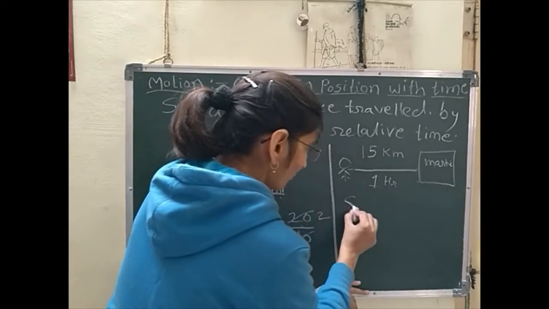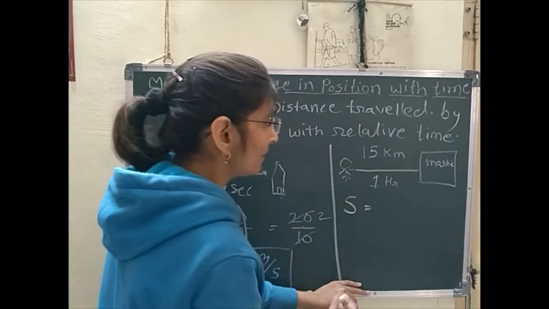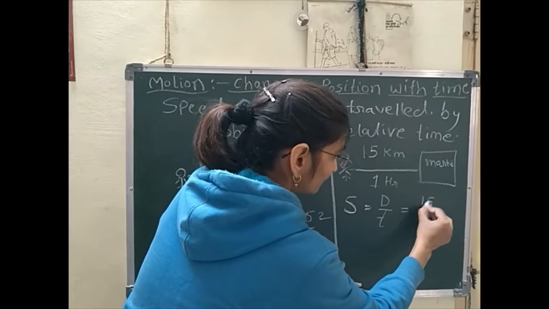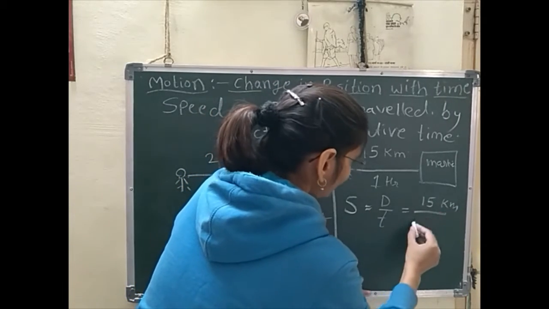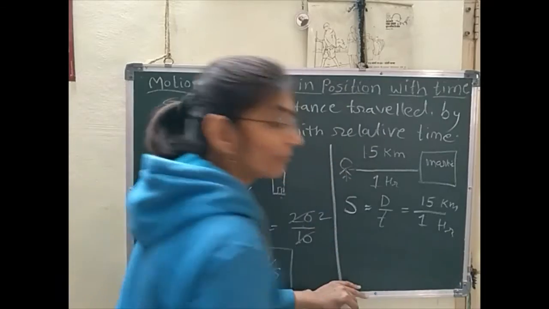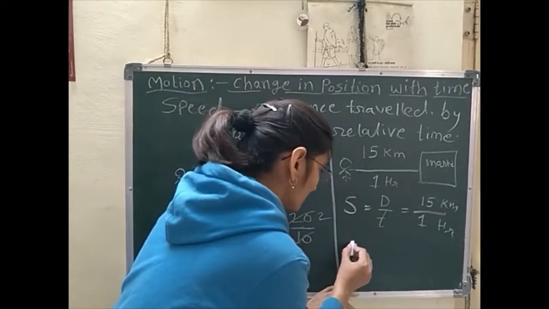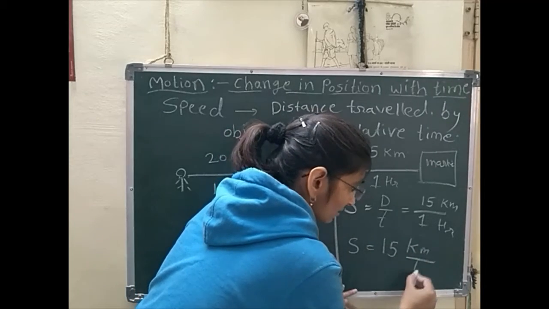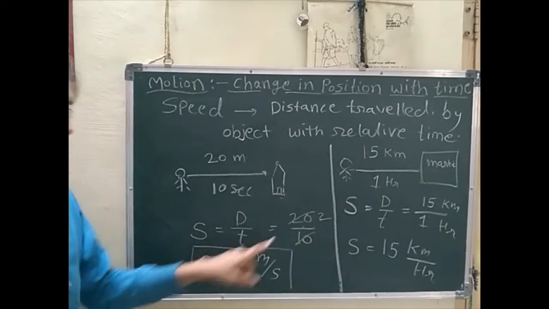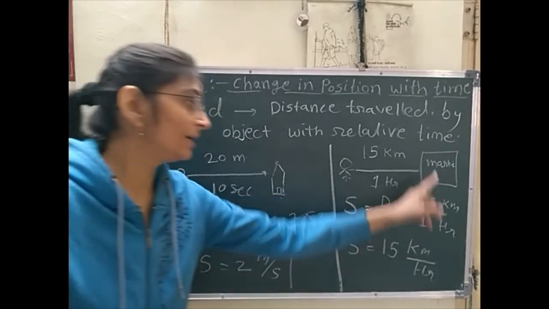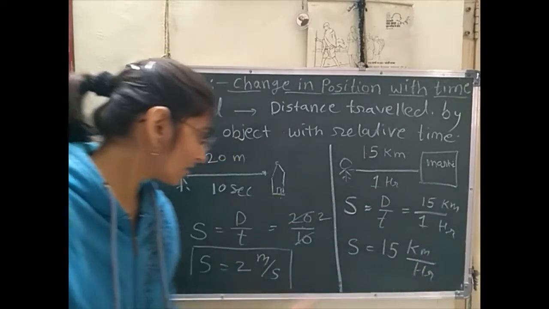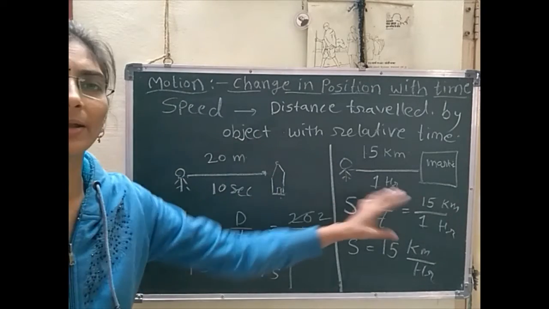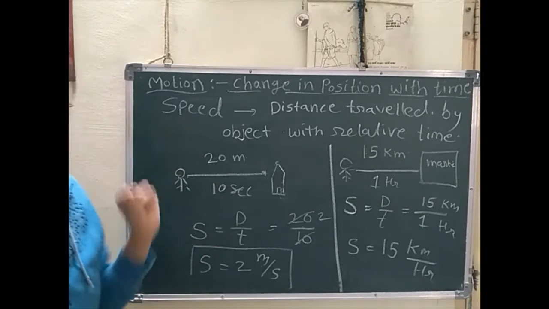What will be the speed? Speed will be distance upon time, so 15 kilometers upon 1 hour. Speed will be 15 kilometer per hour. So this is the speed in the form of kilometer per hour, and the other is in the form of meter per second. In this manner we have to solve these numericals also.